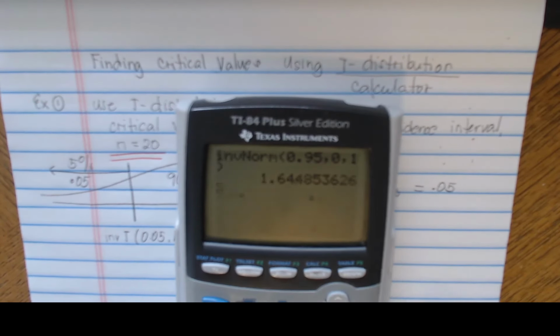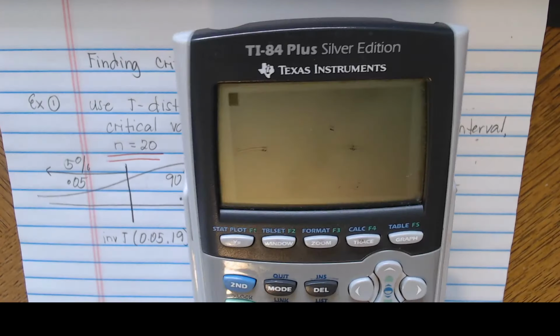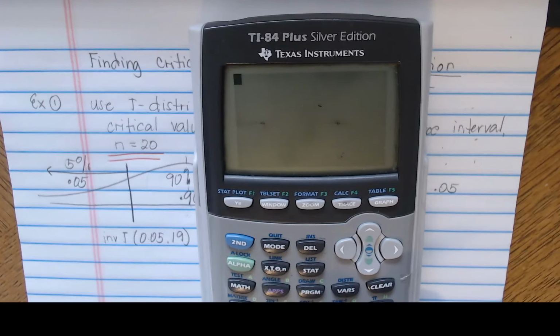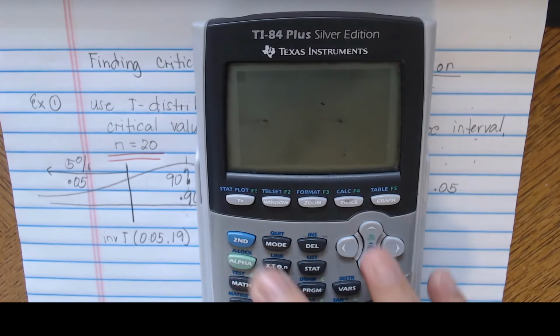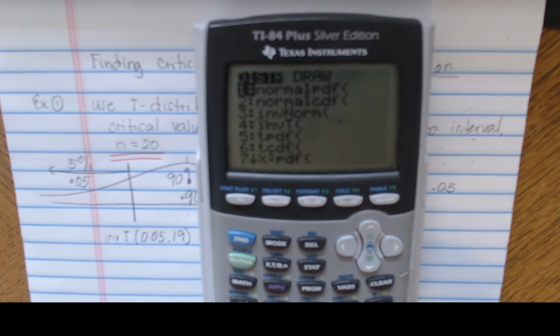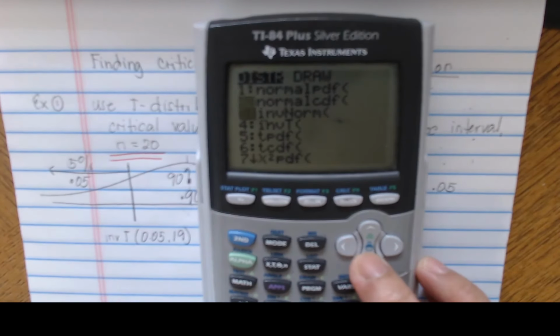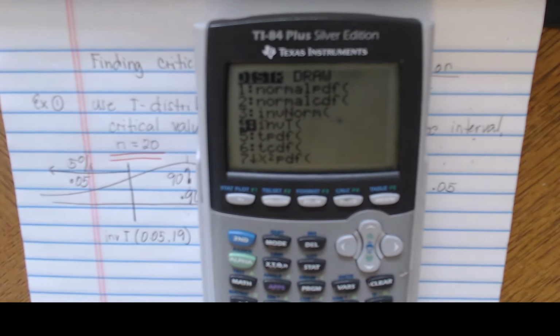Reset, second plus 712, so it's clean. So now use second function, distribution. Now go down, inverse t.